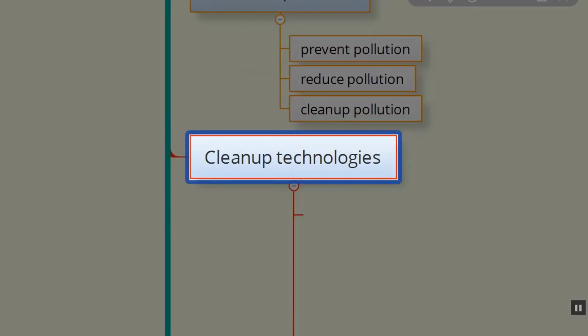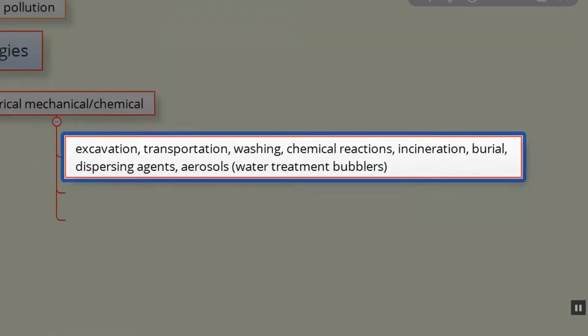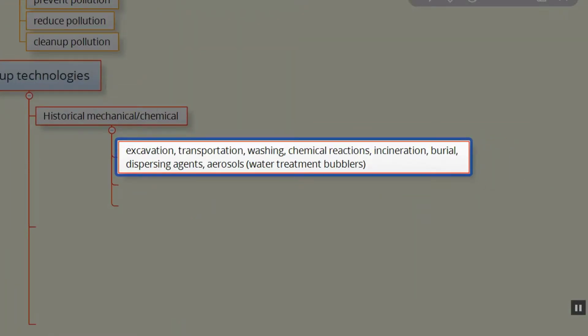So what are the cleanup technologies? Historically, we used mechanical and chemical means of dealing with toxic waste. We would excavate sites, transport it, wash it, do chemical reactions, incinerate it, bury it. We'd use dispersing agents such as in oil spills.